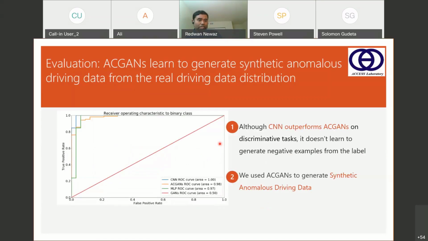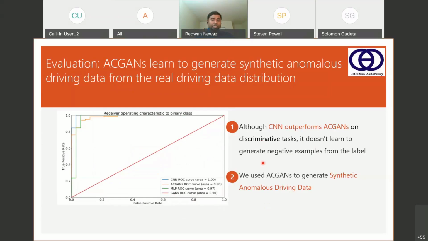Then we evaluate this network against other networks, for example, a convolutional neural net, multilayer perceptrons, and the vanilla GAN. We have seen that for the discriminative task, CNN outperforms the ACGAN, but it doesn't learn to generate negative examples, which in our case is anomalous driving data.